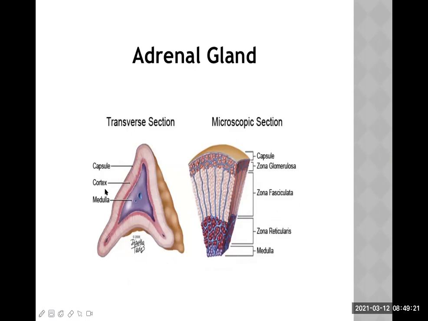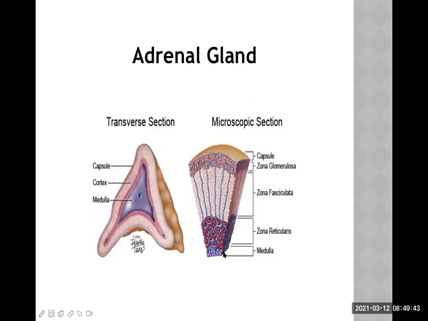Now, this cortex of the adrenal gland has got three zones. These are called zona glomerulosa, zona fasciculata, and zona reticularis. We are going from outwards to the inside.